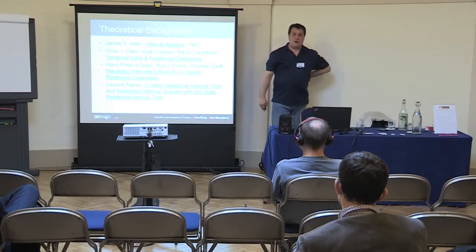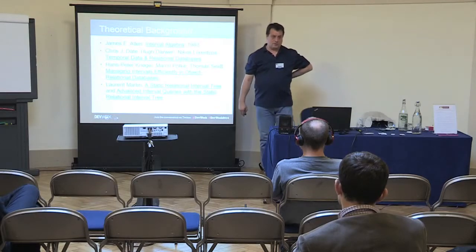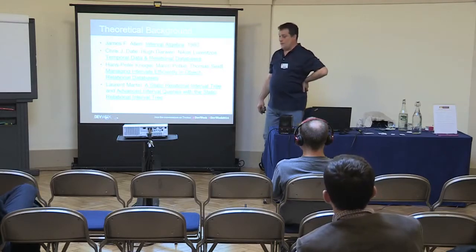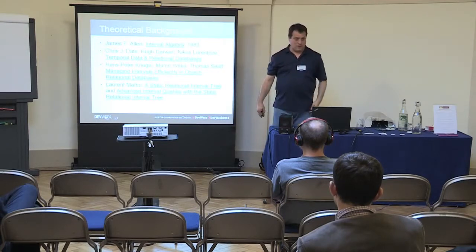Also, you see, problems with optimization evolved immediately. As soon as you introduce temporal data, you have some problems. However, until 2000, there was really no theory behind how to solve these problems.